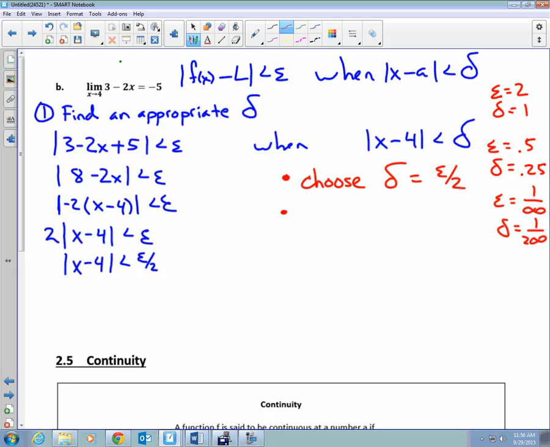So I'm also going to make one more statement. I'm going to say that since absolute value of x minus 4 is less than delta, 2 times the absolute value of x minus 4 is less than 2 delta. So all I did was multiply both sides by 2, and I'm going to use that in my statement coming up here.